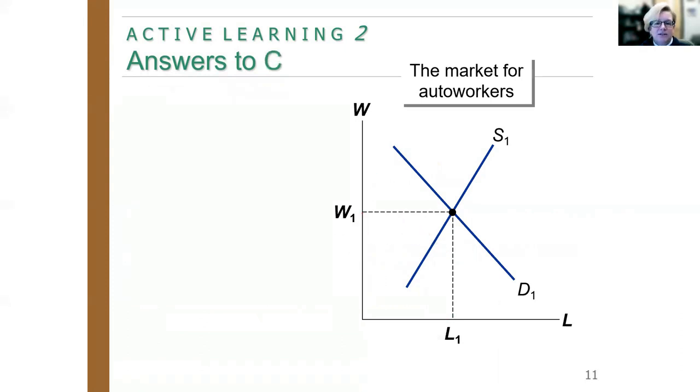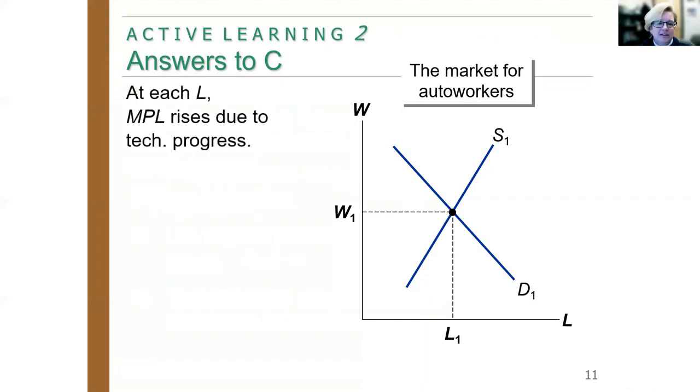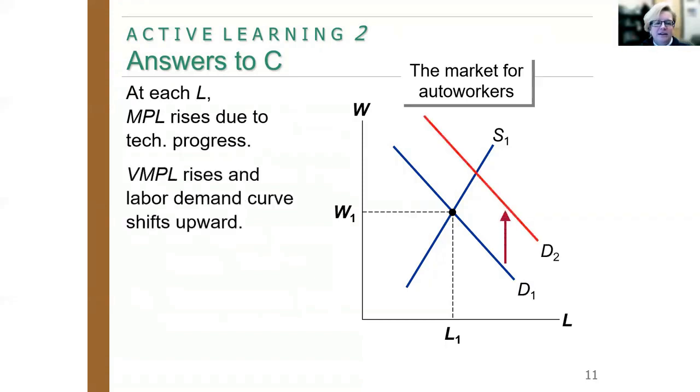The last one that we looked at had to do with quantity and productivity. So if productivity is higher, we know that it will affect the marginal product of labor. And so the marginal product of labor would increase, driving the derived demand for labor upward, showing that productivity increase.